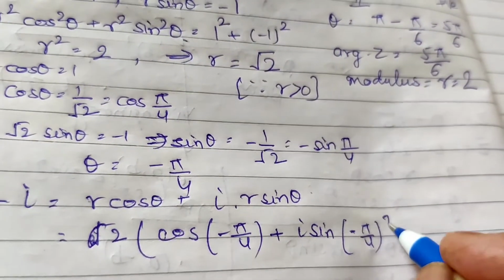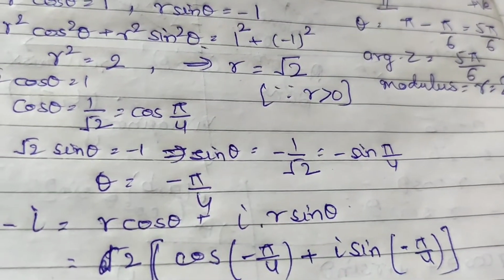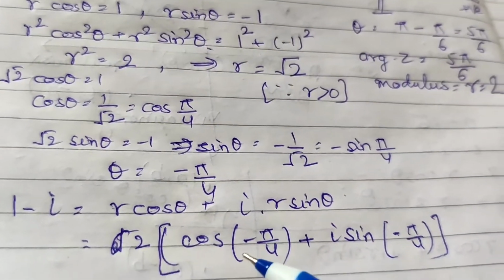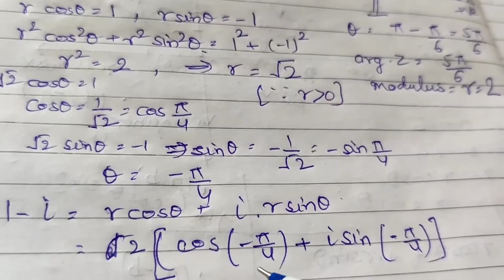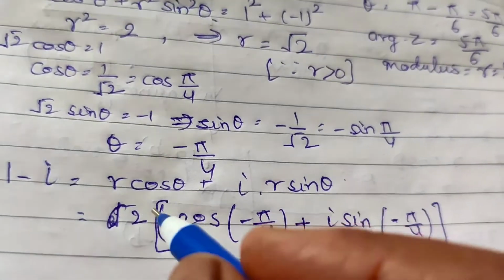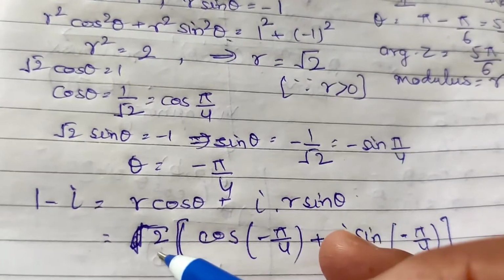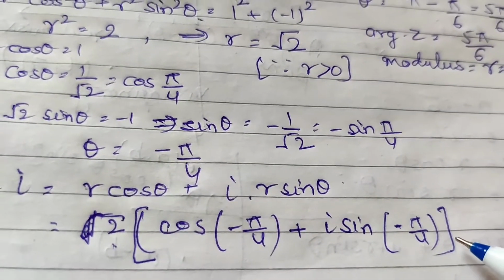The argument is minus pi by 4 because it is in the fourth quadrant. Okay. The answer is this, in the polar form: root 2 (cos minus pi by 4 plus i sin minus pi by 4).